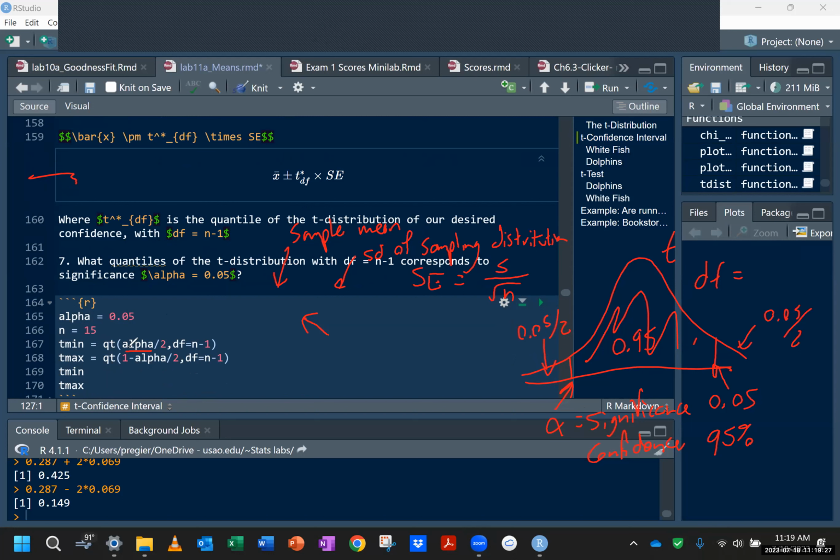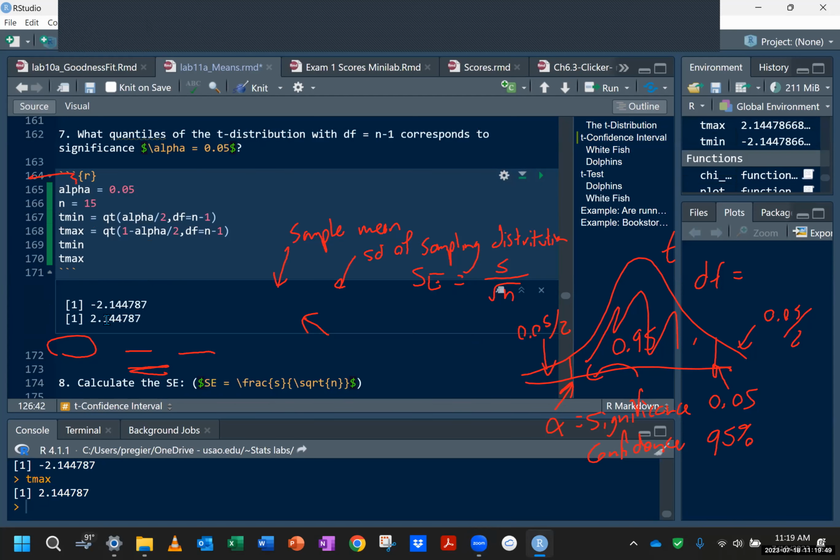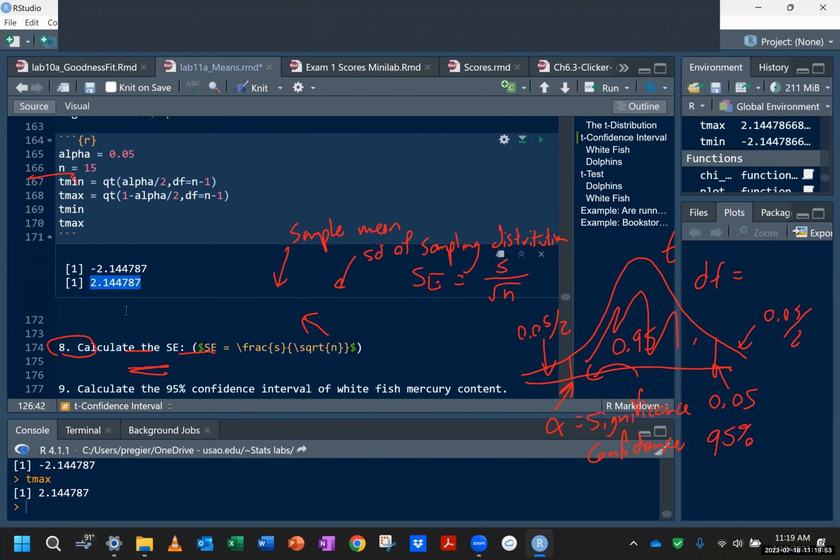And we're going to say QT of our degrees of freedom, N minus 1. So that's our minimum value. That's how far we have to go to the left. And if we want to find the upper tail, it's going to be the same value, but 1 minus that. So run that. This tells us we have to go 2.14 to the left and 2.1 for the right.